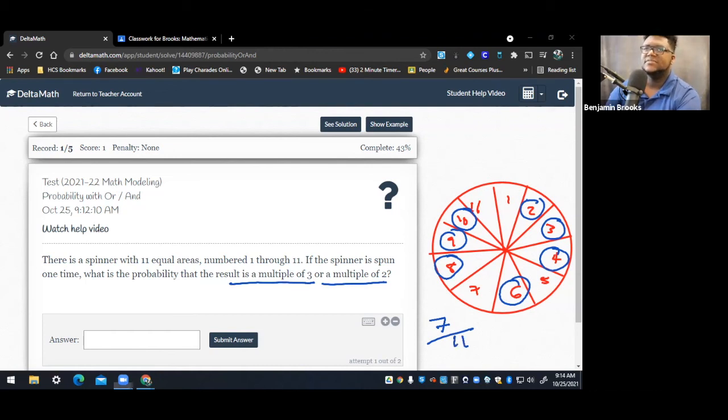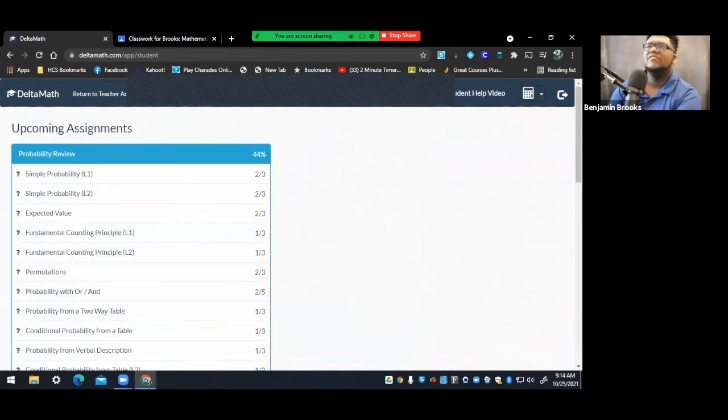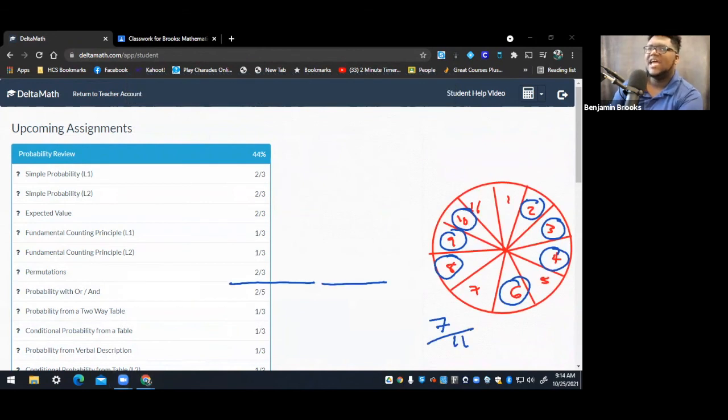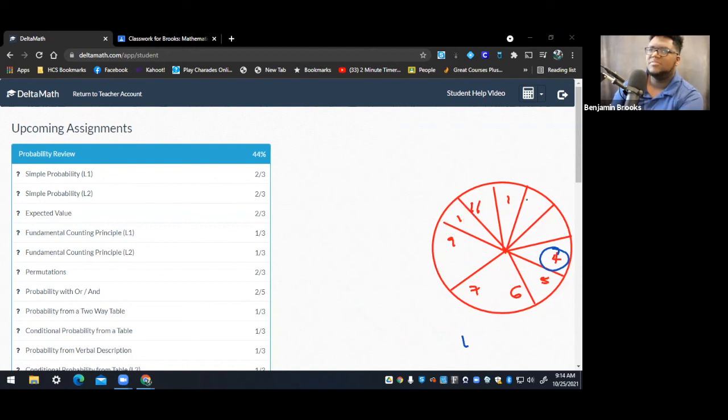And that's the answer. Now, what if, let me go back real quick. What if instead I ask, what's the probability that it's a multiple of 3 and a multiple of 2? Notice that would be a very different question, right?